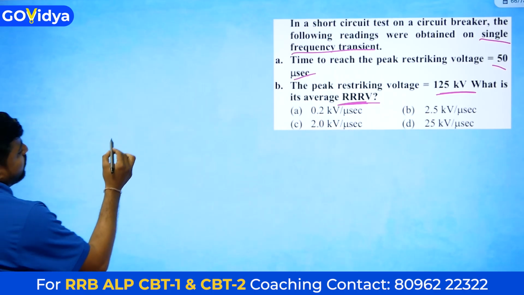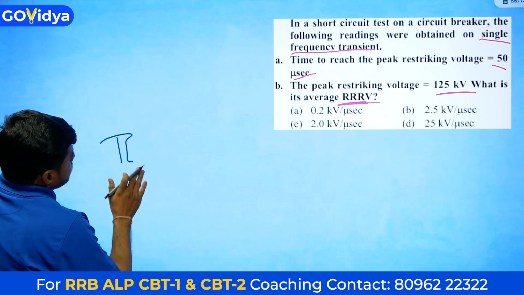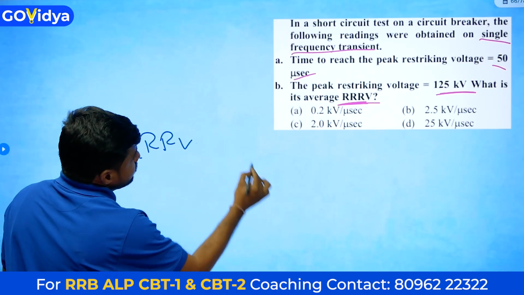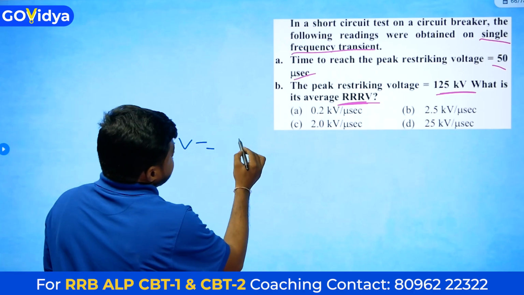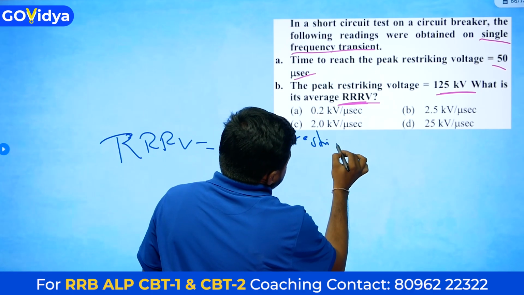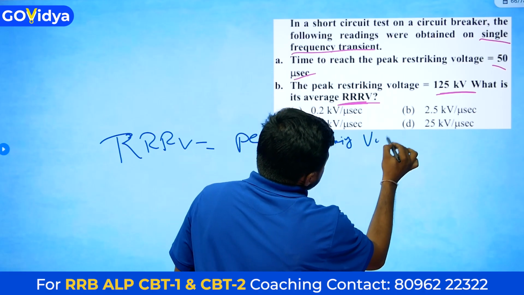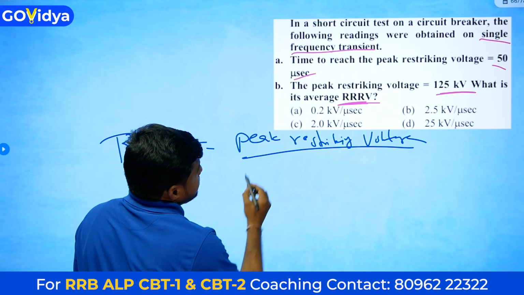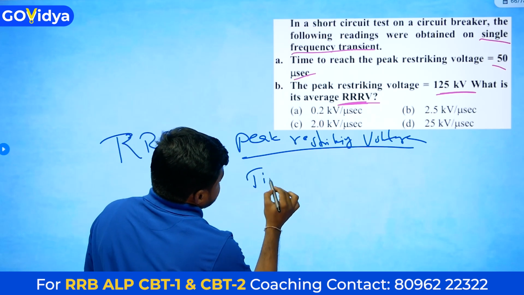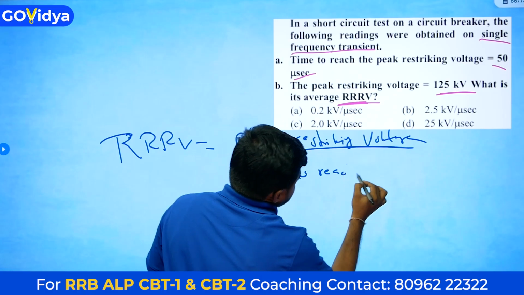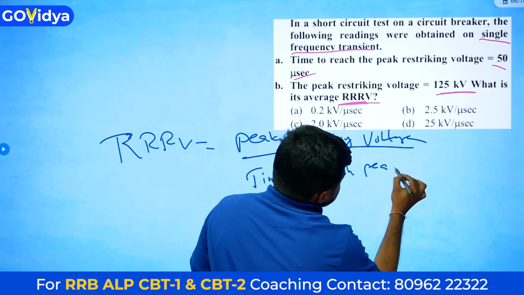RRRV: we have a formula for RRRV. RRRV is equal to peak restriking voltage divided by time to reach peak restriking voltage.